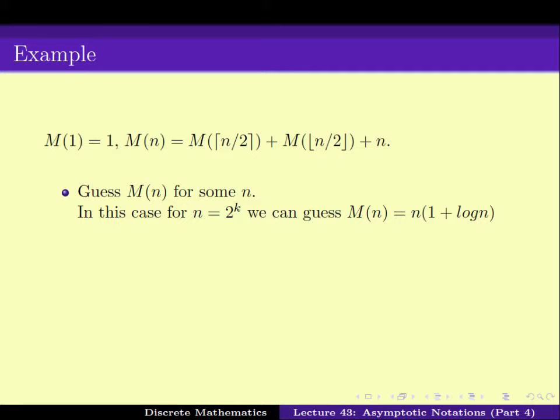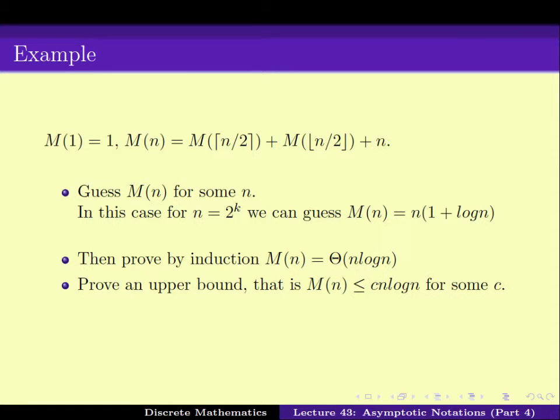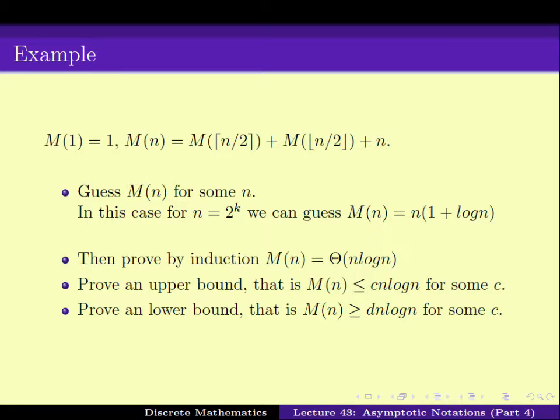Then, instead of trying to solve it exactly, you end up solving m of n equals theta of n log n. And you do it by induction, by first proving an upper bound, m of n is less than or equal to a constant times n log n, and then proving a lower bound, m of n is greater than some constant times n log n.